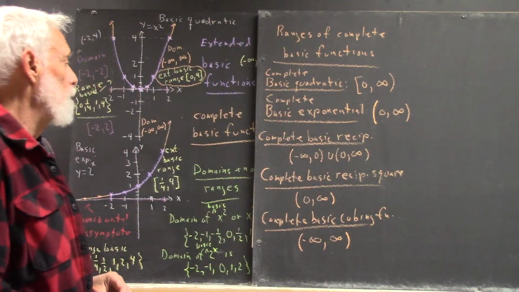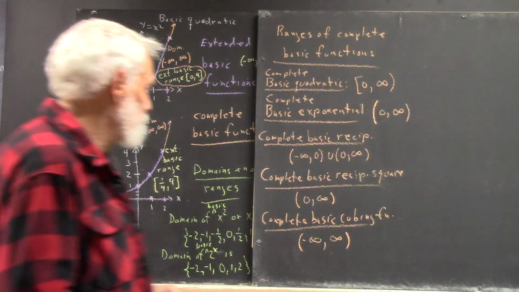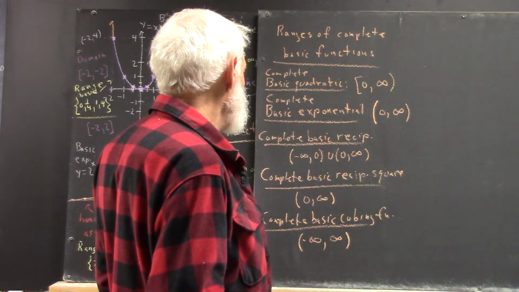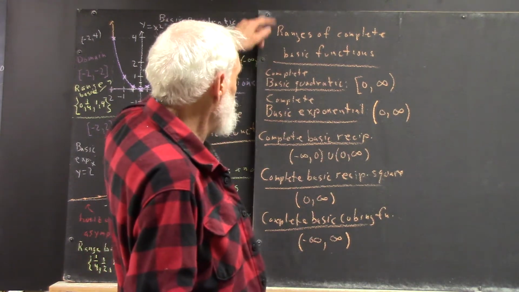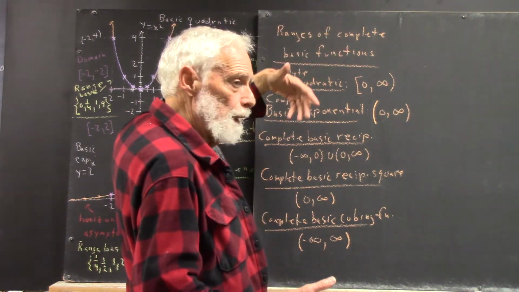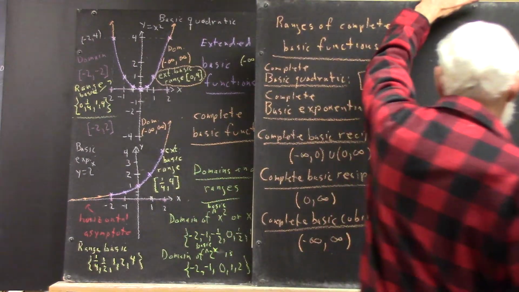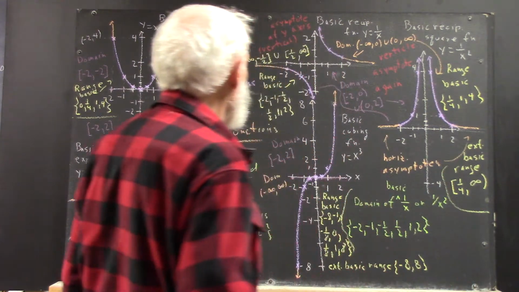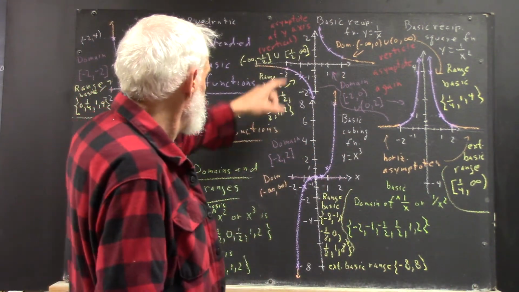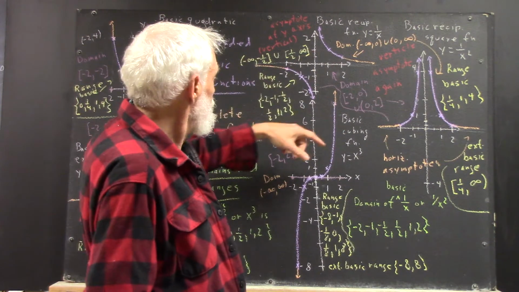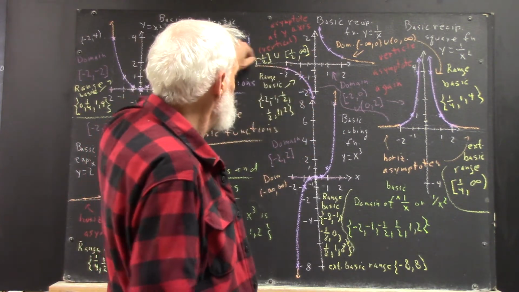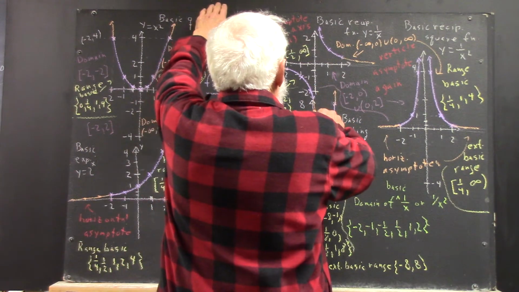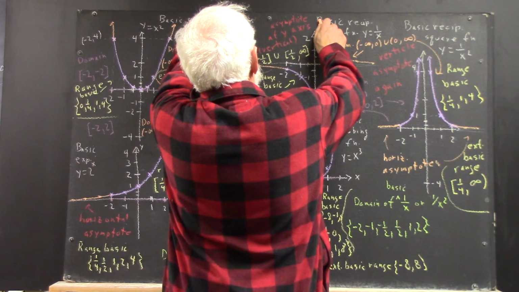Okay? Now for the complete basic reciprocal function and the complete basic reciprocal square, these are ranges. Remember, the domain can't include 0. Now, this is getting a little clumsy, but I have to do it. So, for this function, the complete function just continues on down here, asymptotic to the y-axis and asymptotic up here.